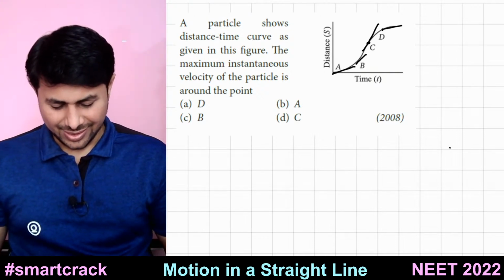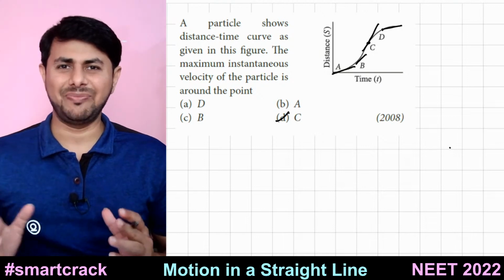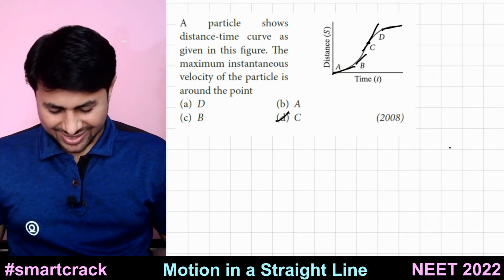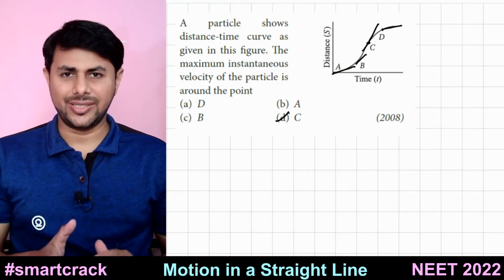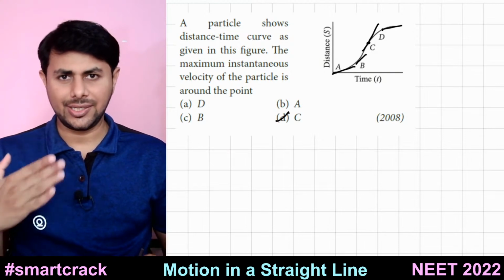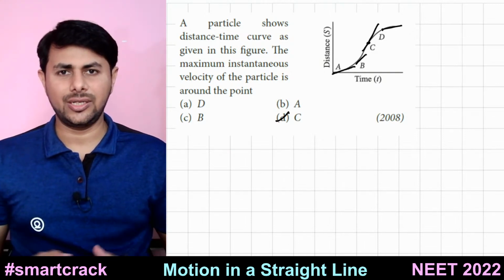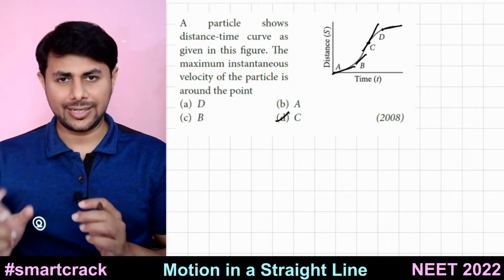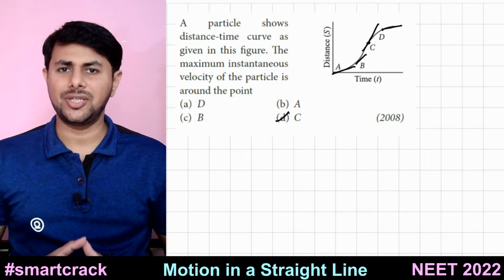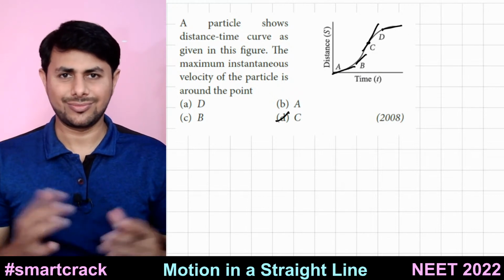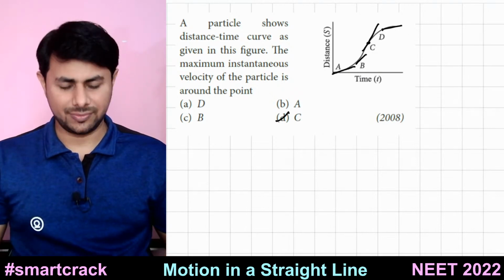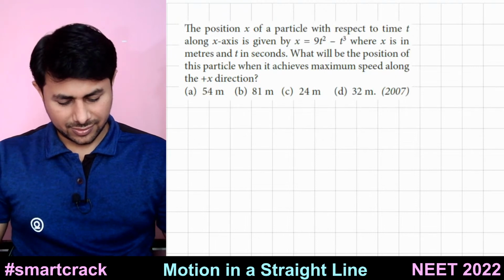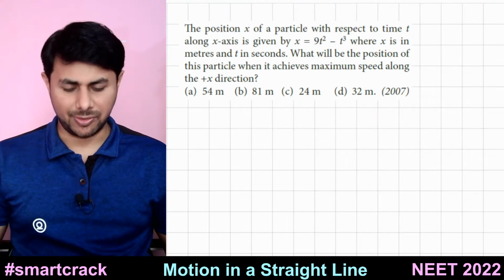All right, but your eyes can betray you, so be careful. So you draw a tangent at each and every point and you see at which point the slope of the tangent is maximum. At that point, the instantaneous velocity will be maximum. Okay, it's very simple. Let's move on to the next problem.